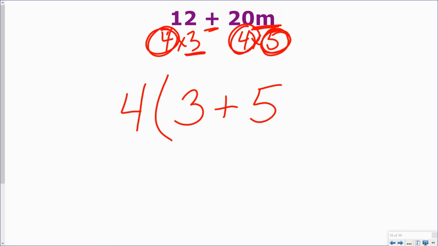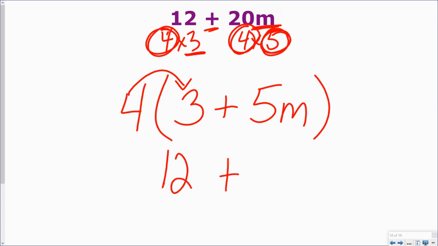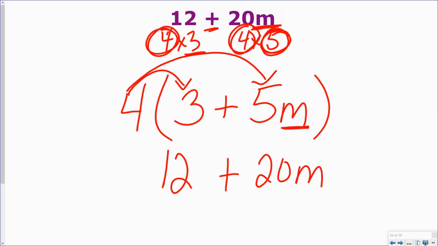And again, the m is there, so this would be m here, and my parentheses. And again, I can check: 4 times 3 is 12, plus 4 times 5 is 20, and it's 5m, so this would be 20m.